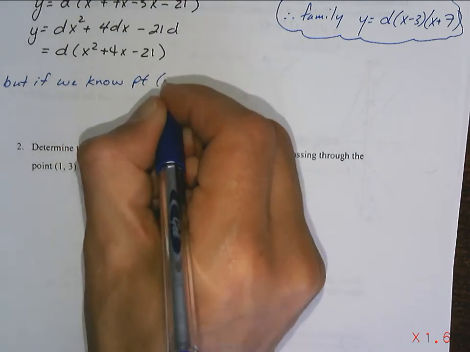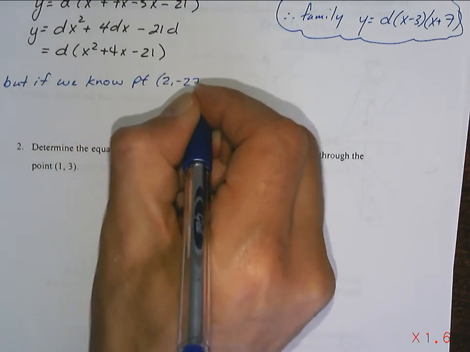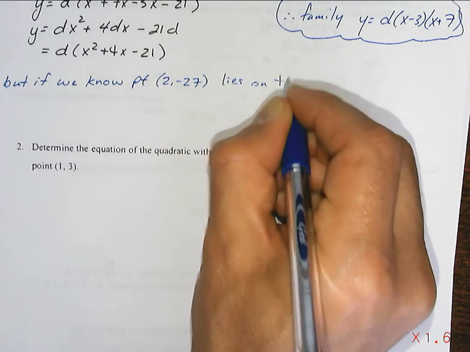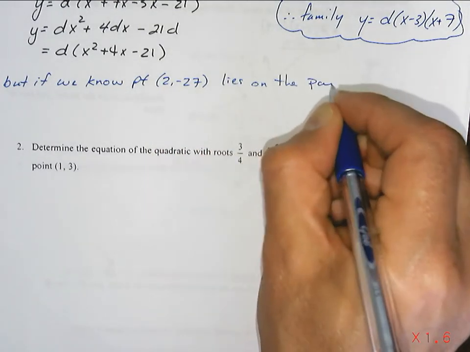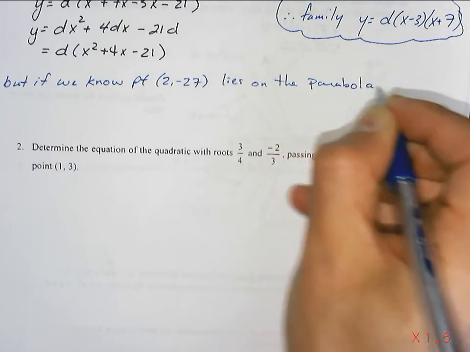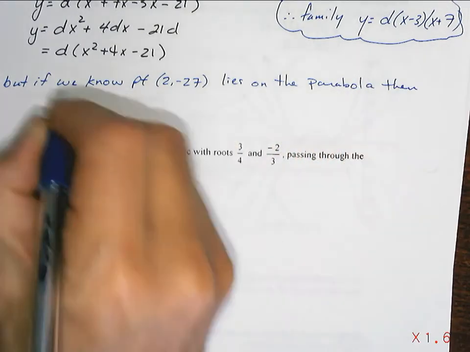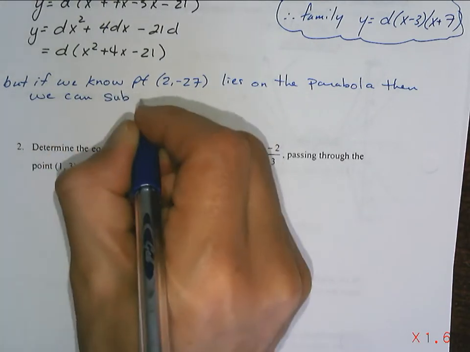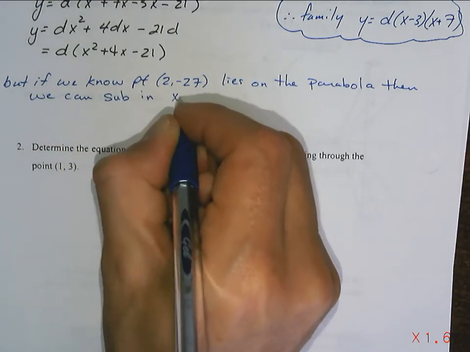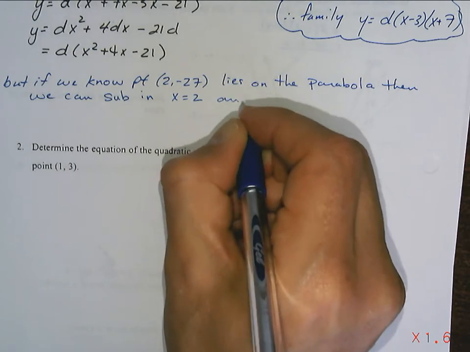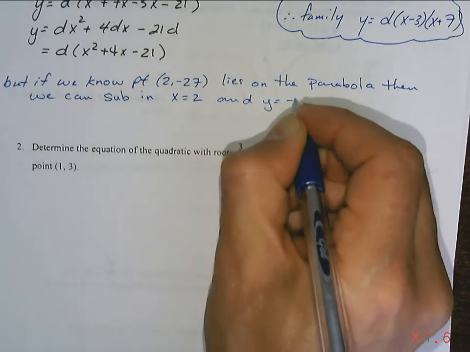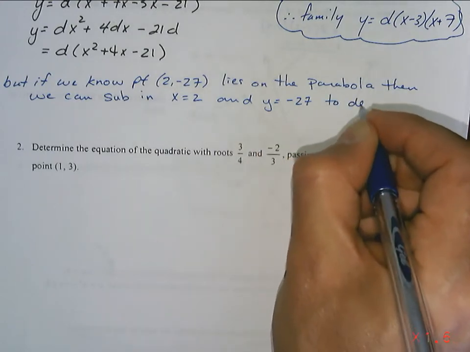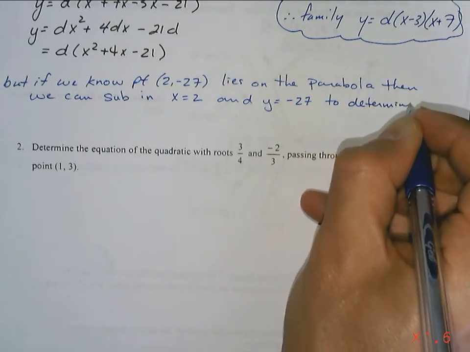But if we know that the point 2 comma negative 27 lies on the parabola, then we can sub in x equals 2 and y equals negative 27 to determine the d value.